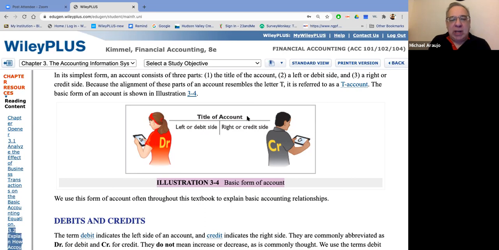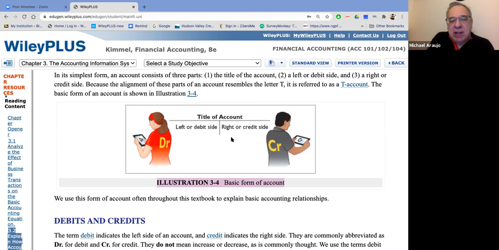When you flip a coin, you're either going to say it's landing on the head, it's heads or tails, right? And so the same thing with an account. When we put numbers in specific accounts, we are either going to put it on the debit side or the left side, or the credit side, which is the right side of the account. That's the only two sides there are to choose from, okay?